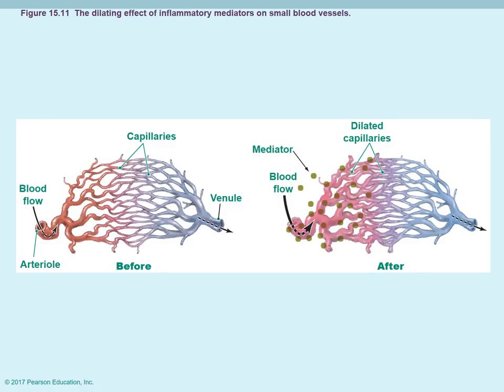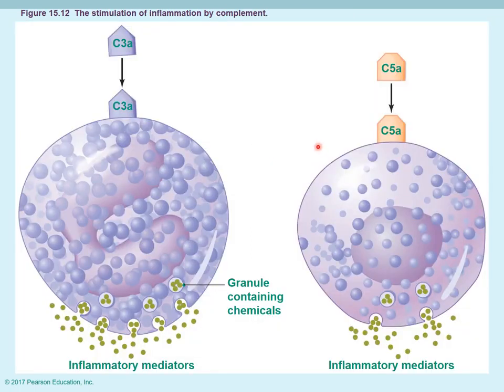So this is just showing how during the inflammatory response, like I said, the capillaries here do dilate, so you have more blood flow coming through, and then you have more of these mediators like the phagocytes being able to leave the blood supply, go into the tissue, and do their job.